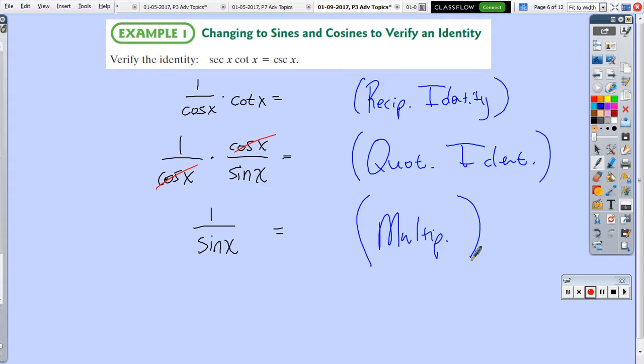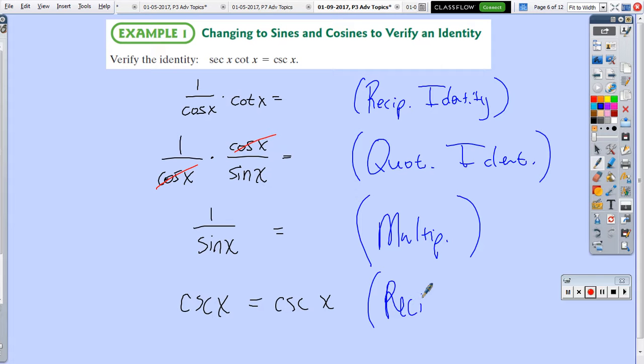We're almost there, at the very end. 1 over sine of x, we know that actually is cosecant of x. So cosecant of x equals cosecant of x, and we have verified it. So this identity is true, we verified it. And the justification for this step is the reciprocal identity.